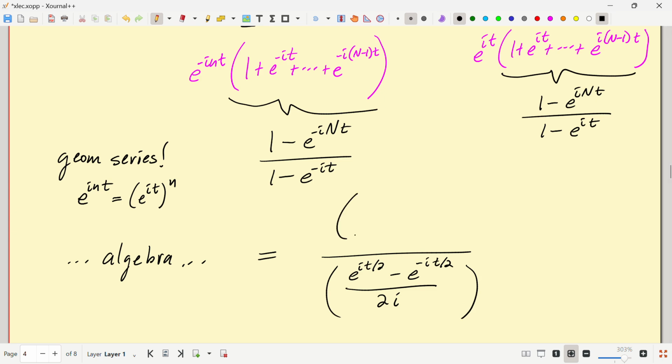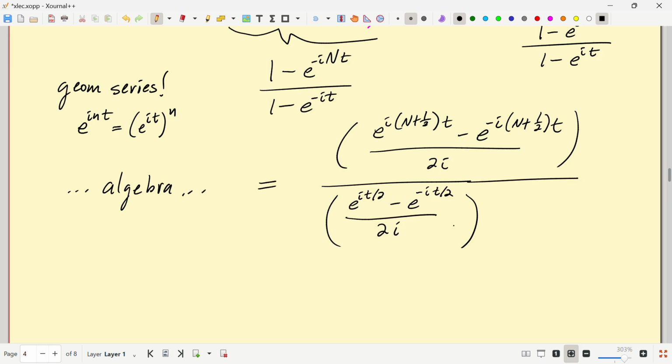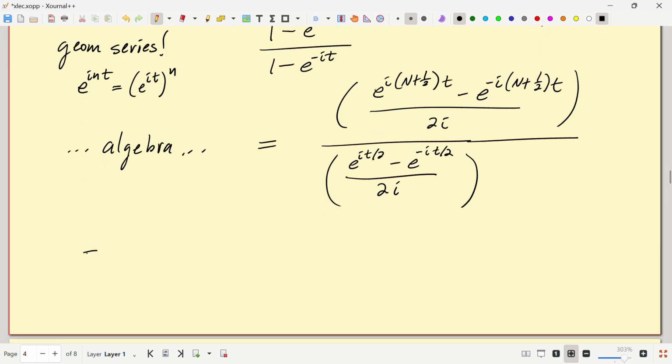And on the top, I get e to the i(n plus a half)t minus e to the minus i(n plus a half)t over 2i. And sure enough, those are the sine functions I was expecting. So equals sine of (n plus a half).